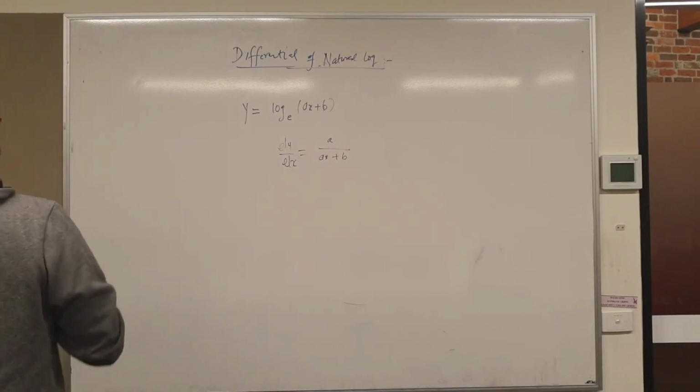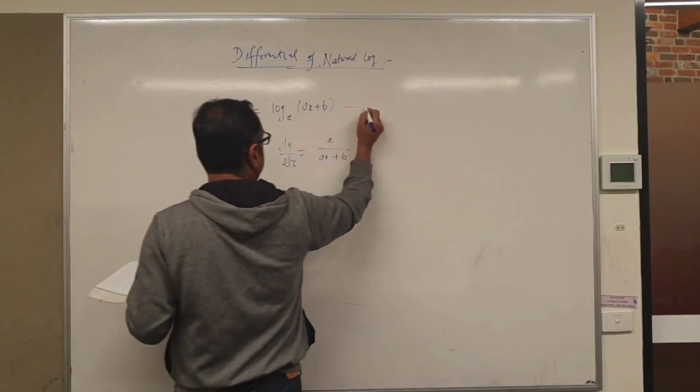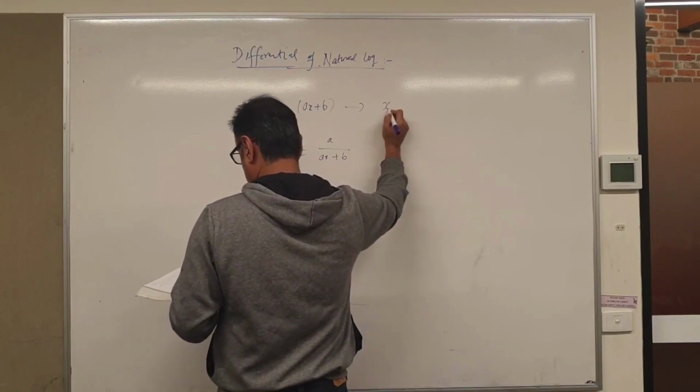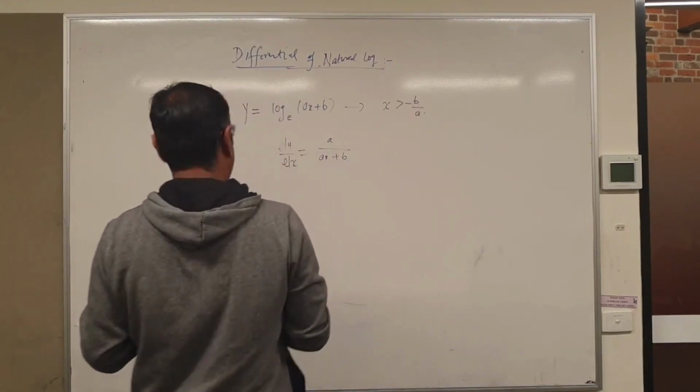It's as simple as that. It has an exception as a condition here: your x should always be greater than minus b over a.